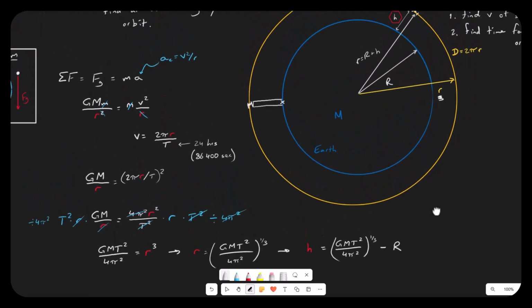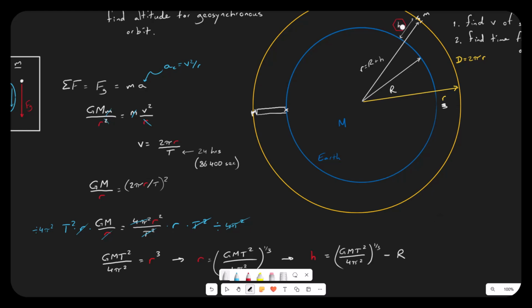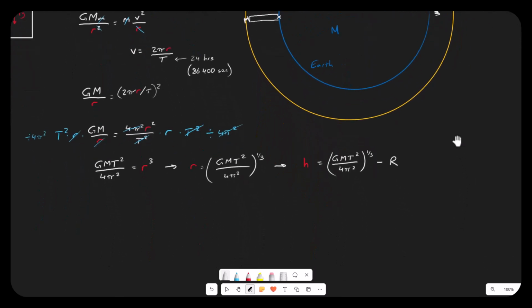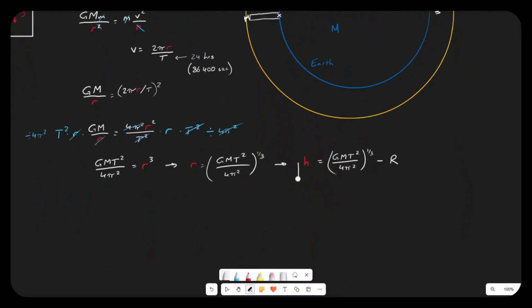This is just saying I'm solving for that altitude, so I want the distance off the surface. My whole equation over here, my gravitational force, gives me the distance from the center, so I just need to subtract off the radius of the planet. That's my height for geosynchronous orbit.